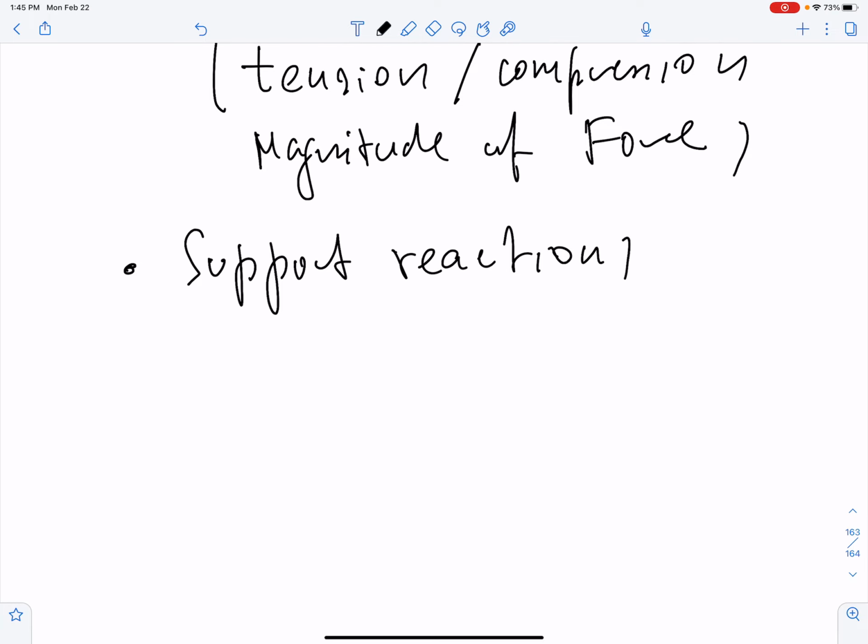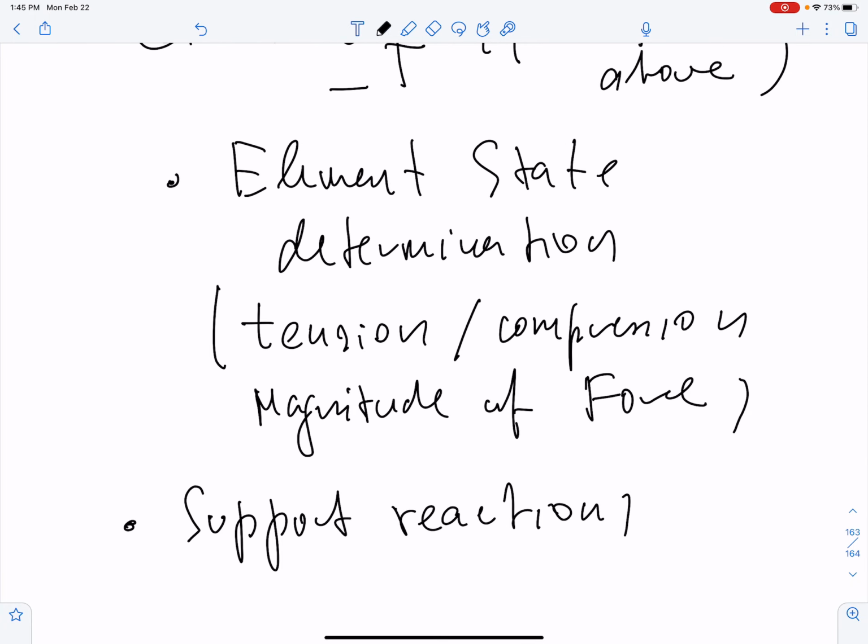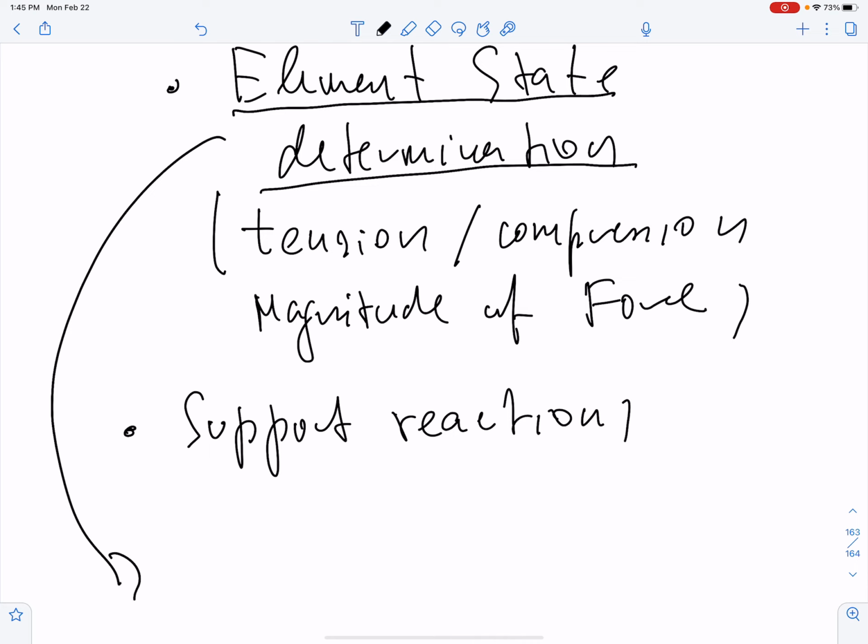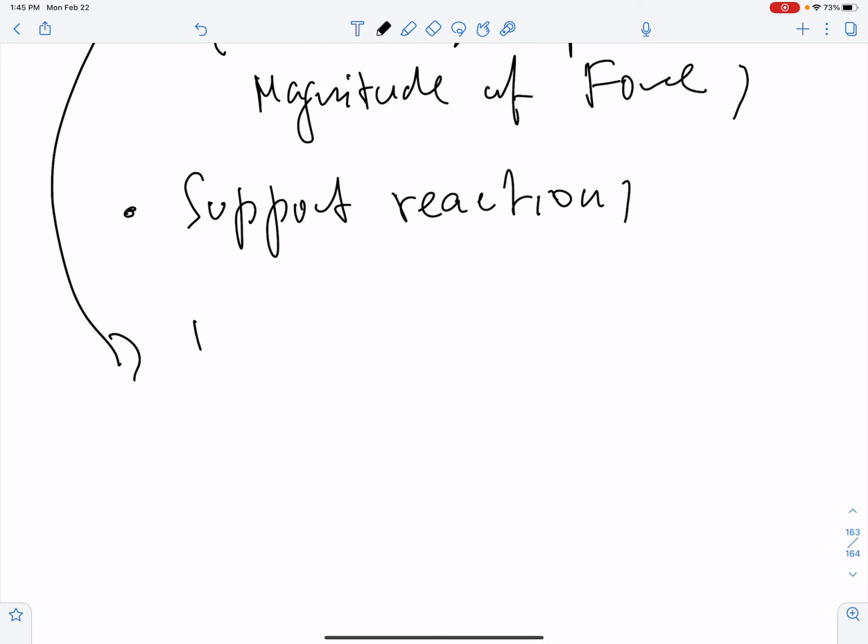Okay, and the way I presented things, if you look at the element state determination, it's pretty algorithmic. So if you do the element state determination, you basically get UF. Then for every element you convert it to delta, its local displacement state.